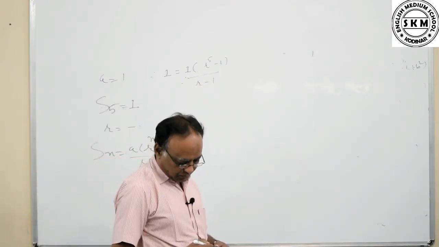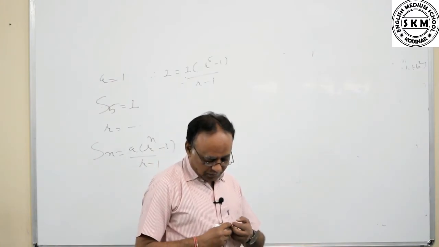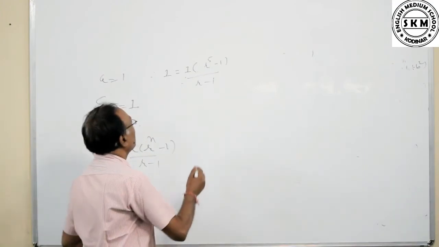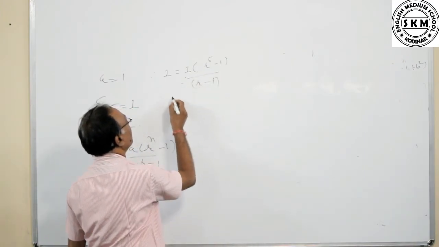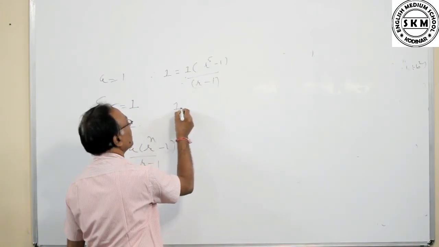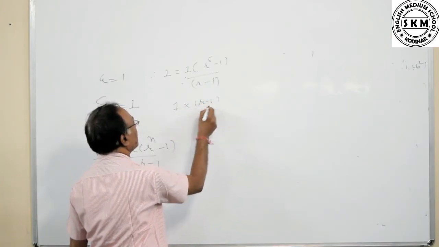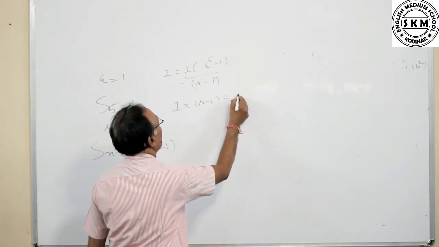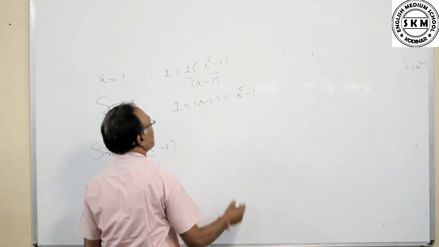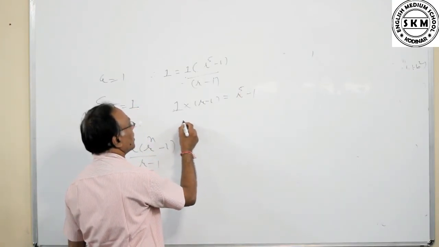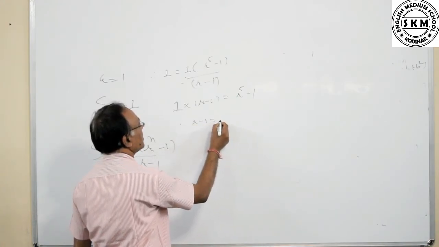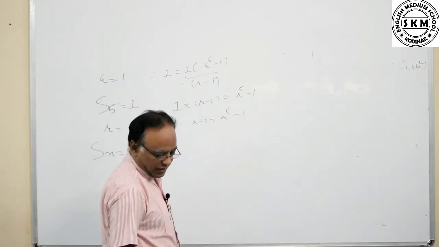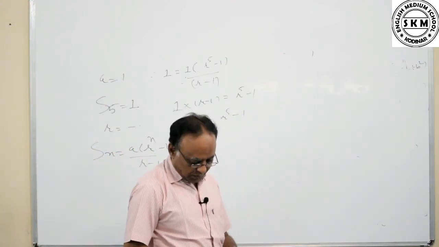Now taking to the other side, 1 into (r minus 1) is equal to r raised to 5 minus 1. Therefore r minus 1 is equal to r raised to 5 minus 1.